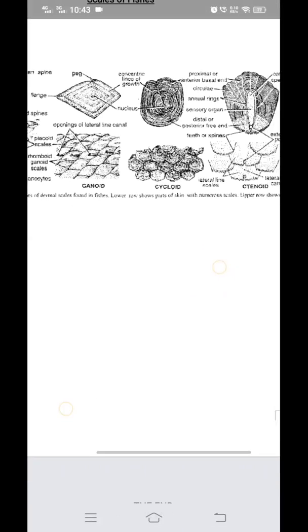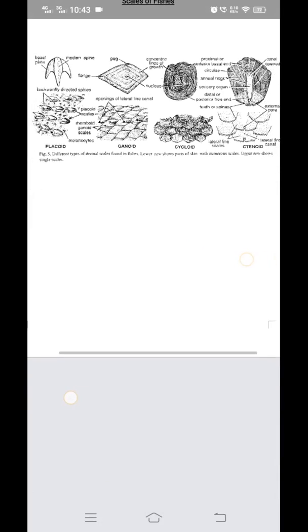They are more firmly attached, and their exposed free hind parts, which do not overlap, bear numerous small comb-like teeth or spines. Intermediate types between cycloid and ctenoid scales also occur. So these were some kinds of scales which are found and are common in the fishes.